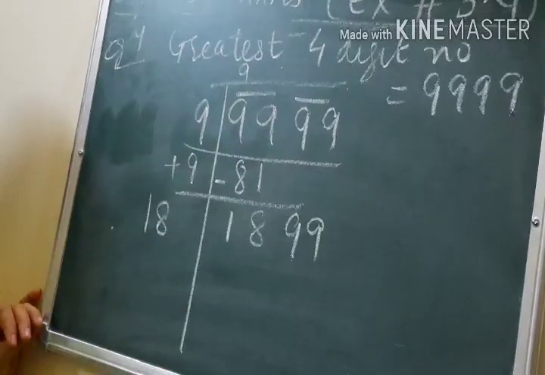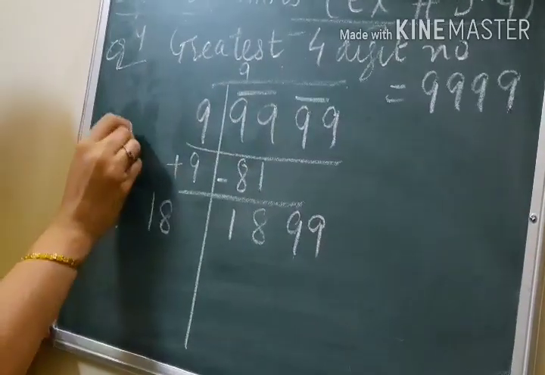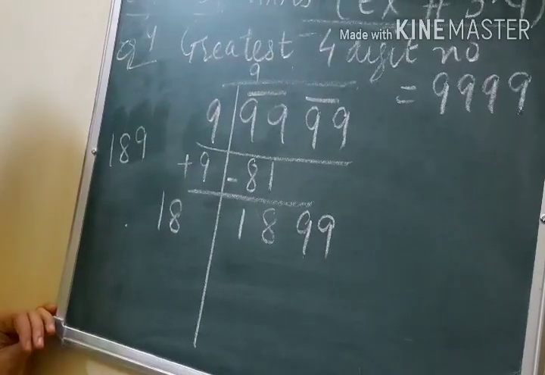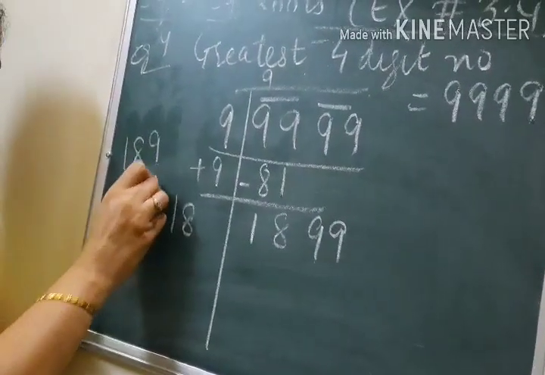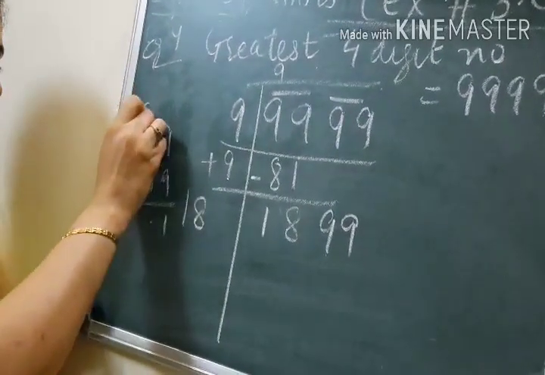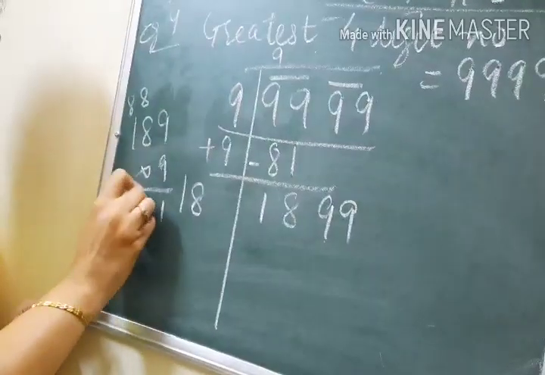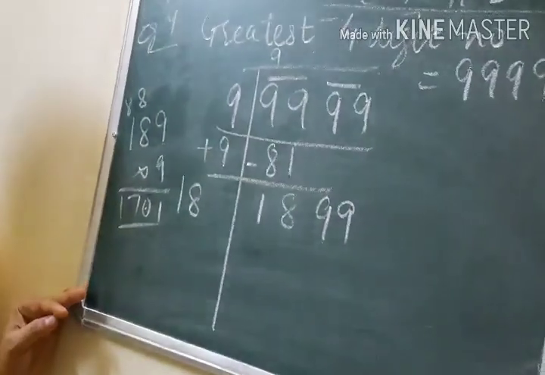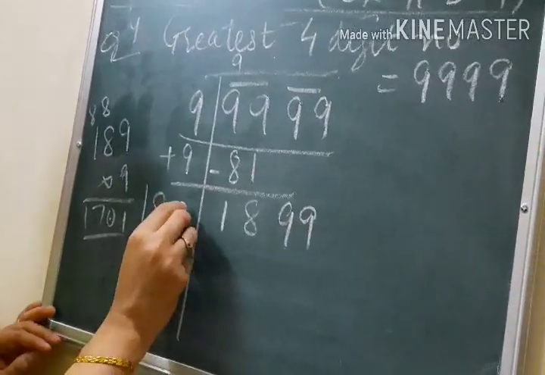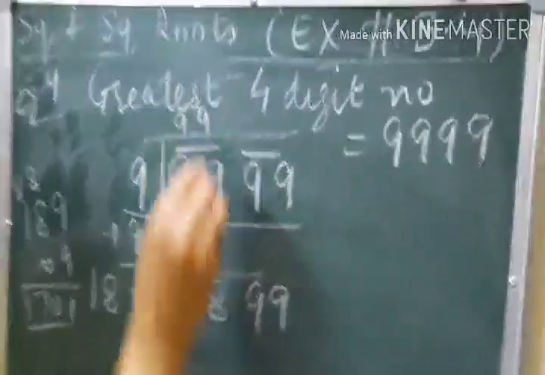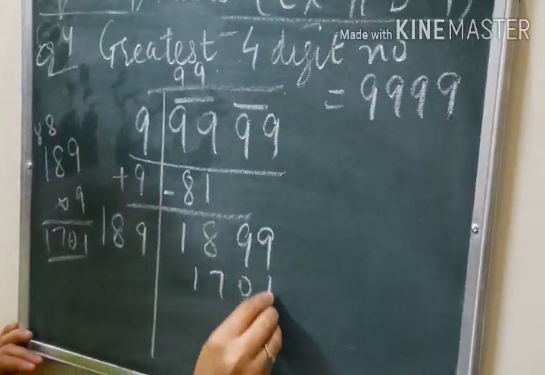That means this number is very large. So what we will do, we will just multiply it with the largest number, that is 9. And we will see 9 9s are 81, 8, 72 and 8, 80, 8, 17. So this will be the number 189, 9s are 1701.